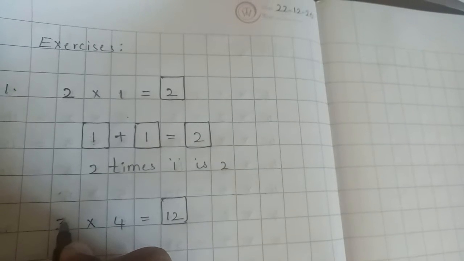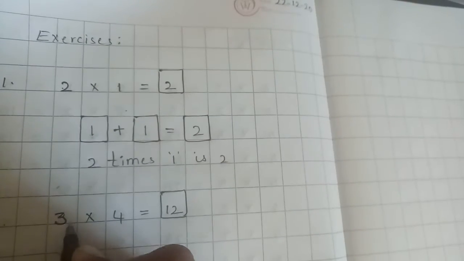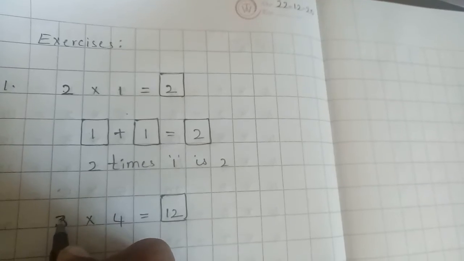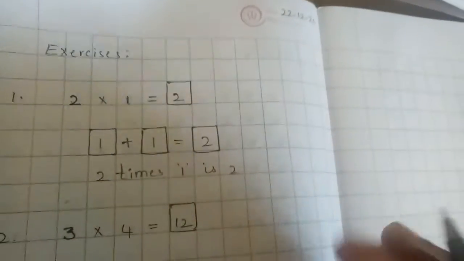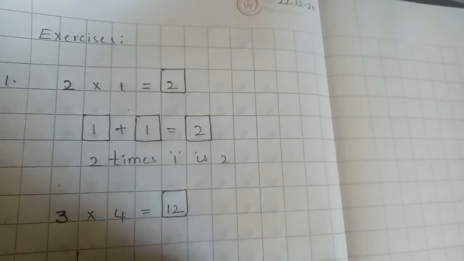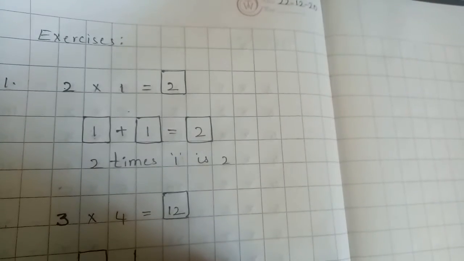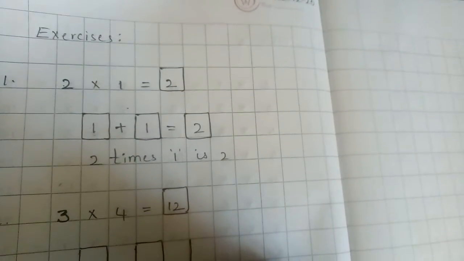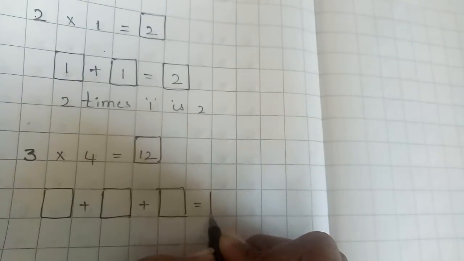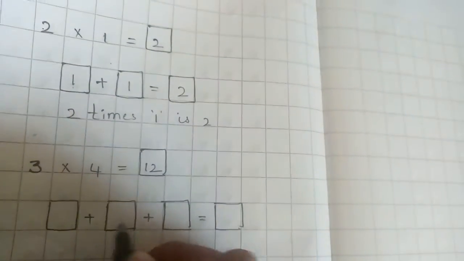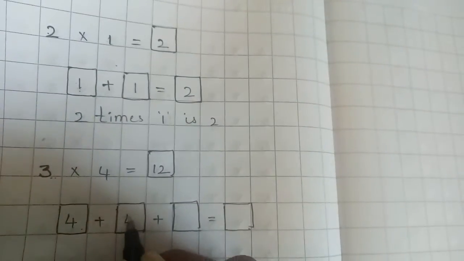First, you need to look at the problem carefully. 3 fours: 3 means what? 3 times, which means 3 groups. 3 times 4 means in each group there are 4. Now write the answer.